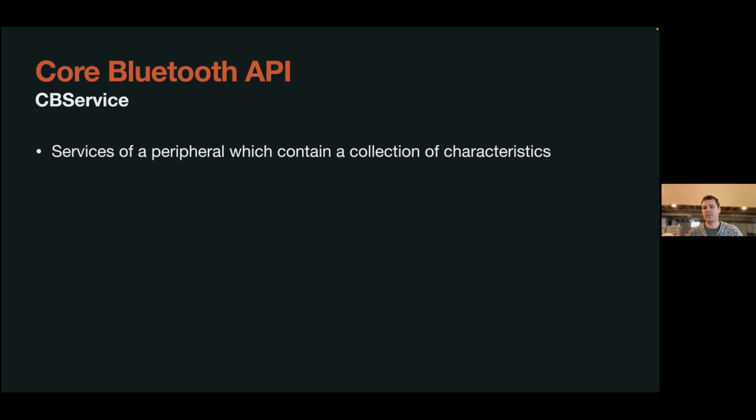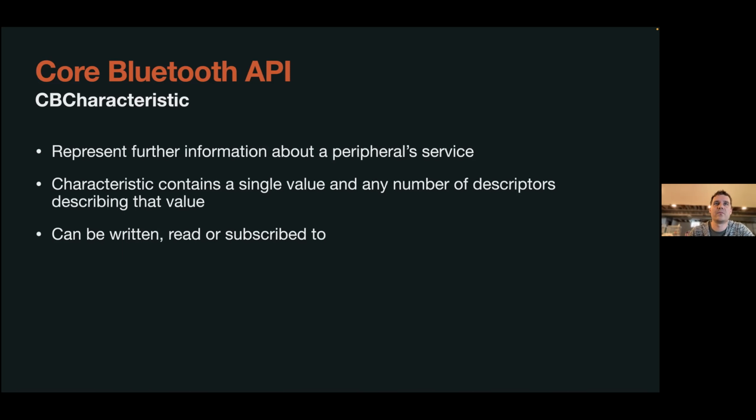I would say that typically they should be logically grouped, but basically it's a collection of characteristics. Characteristics are what you ultimately are going to be interacting with quite a bit. A characteristic contains a single value and potentially a number of descriptors that describe that value. But characteristics are what you're going to be reading, writing to, and subscribing to. So this is where the rubber meets the road. You're going to actually be doing most of your work.